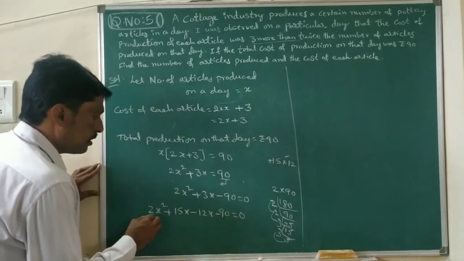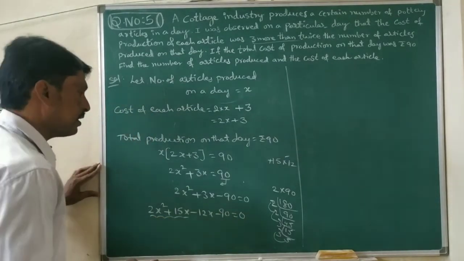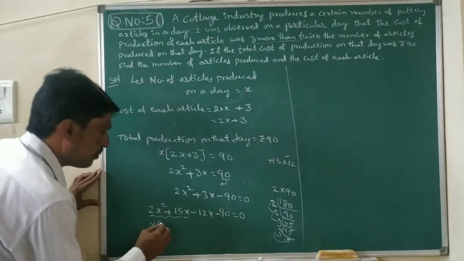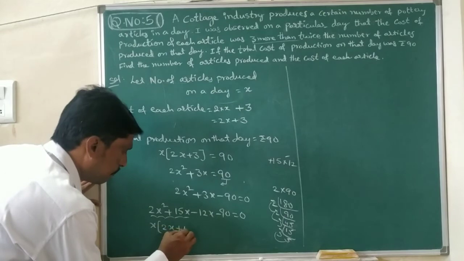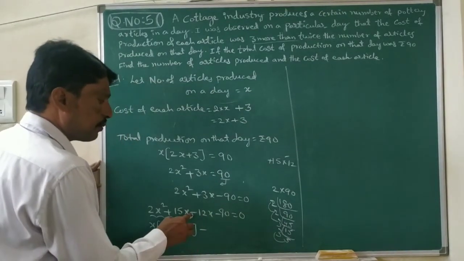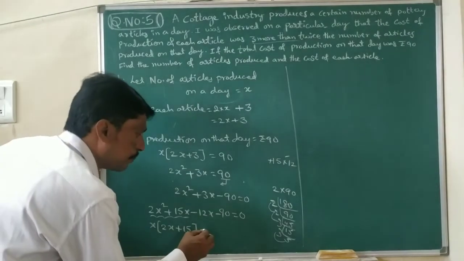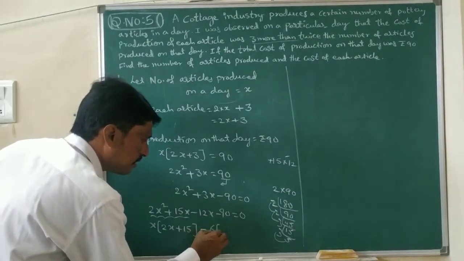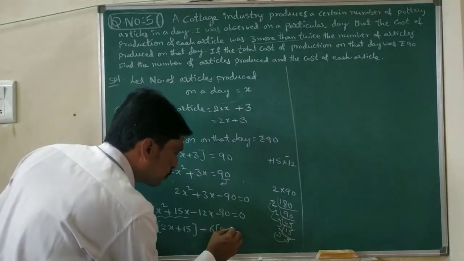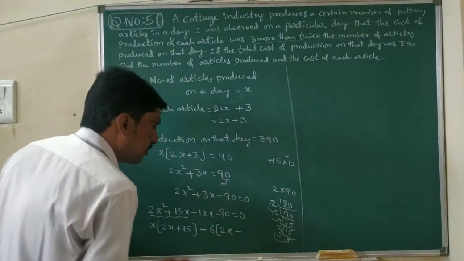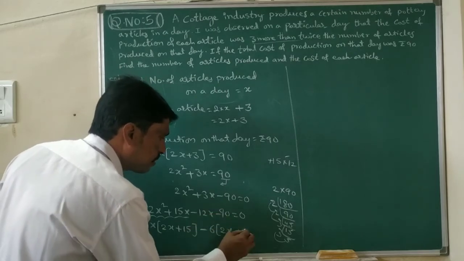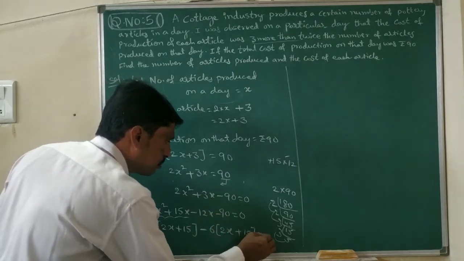Now in this we take x as common, so x into 2x plus 15. Now here, minus 6 is common. 6 2s are 12, so minus 6 into 2x, and 6 15s are 90, minus into minus means plus 15, equal to 0.